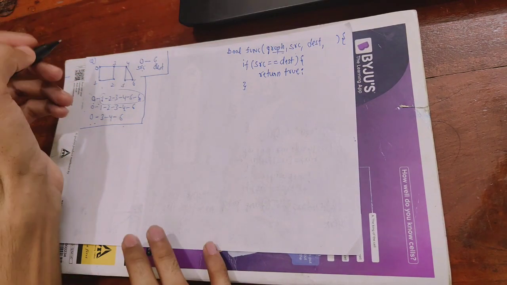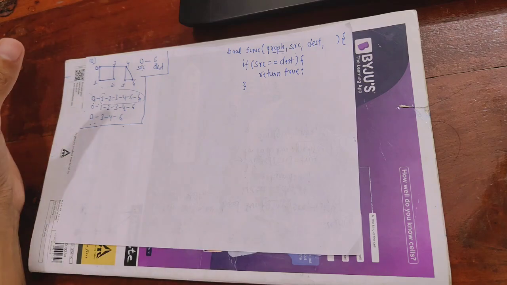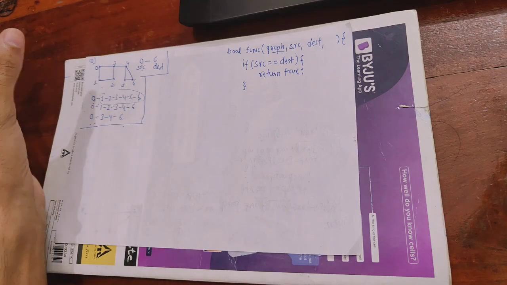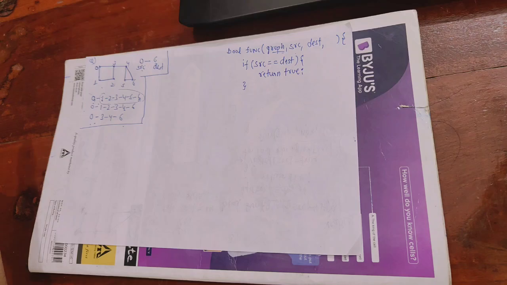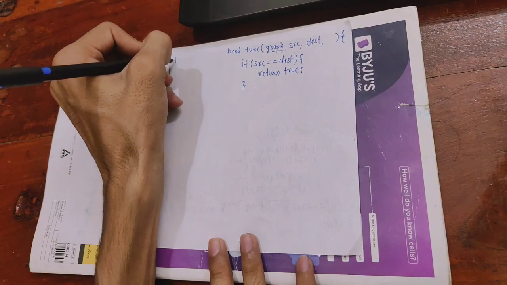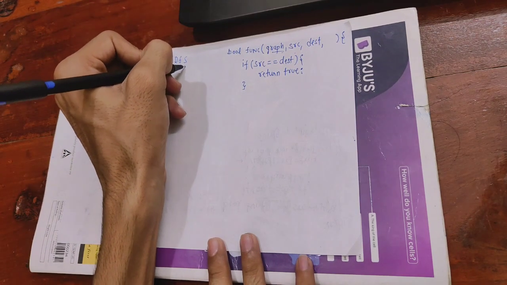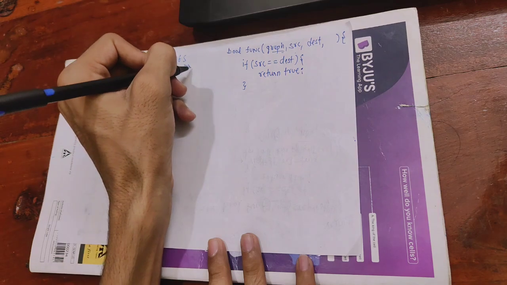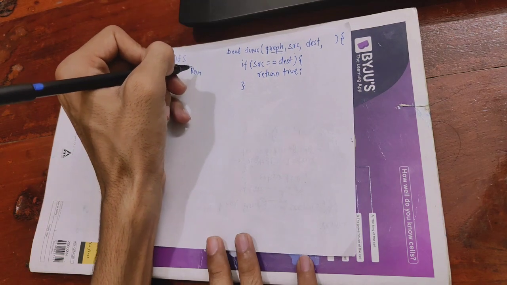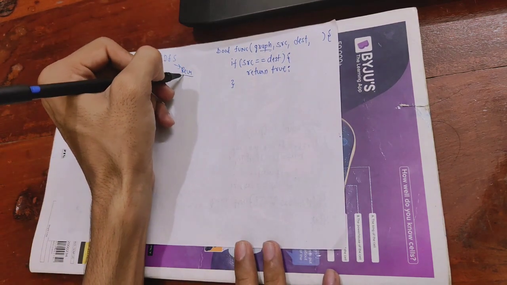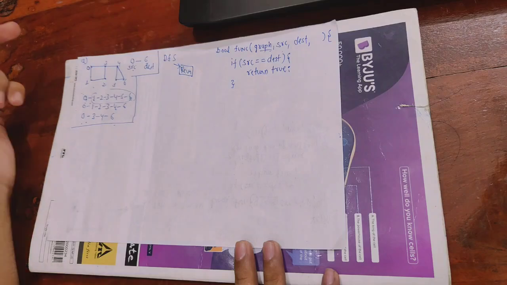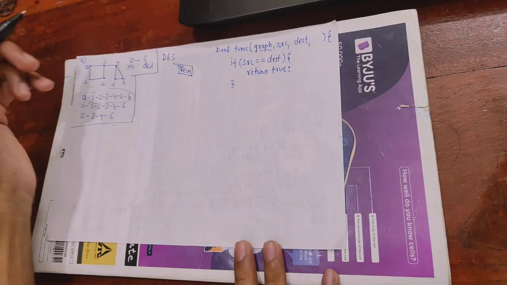Whenever you need to find a distance or a path, or whether a path exists or not, we usually prefer DFS. And in DFS, what we mostly do is a recursive call.